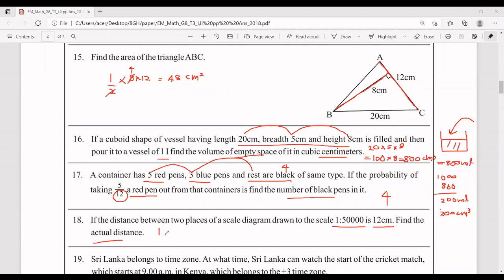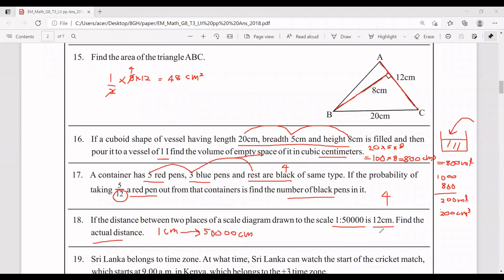This 1 to 50,000 means 1 centimeter of the diagram shows 50,000 centimeters of the actual figure. In the actual figure, 50,000 centimeters are represented by 1 centimeter of the diagram.